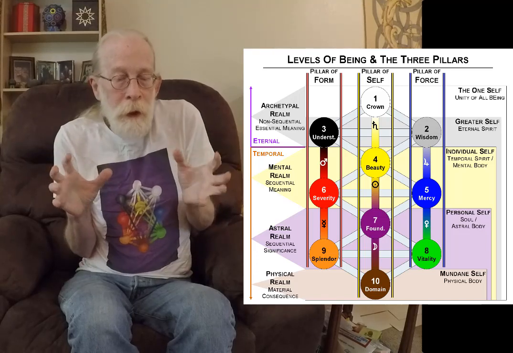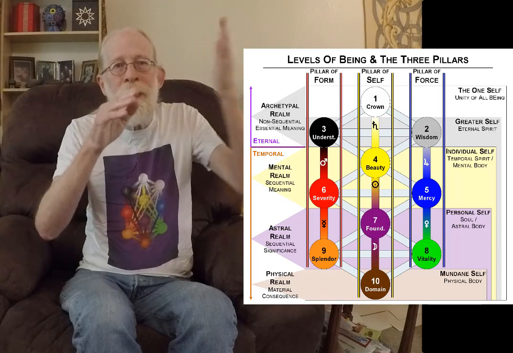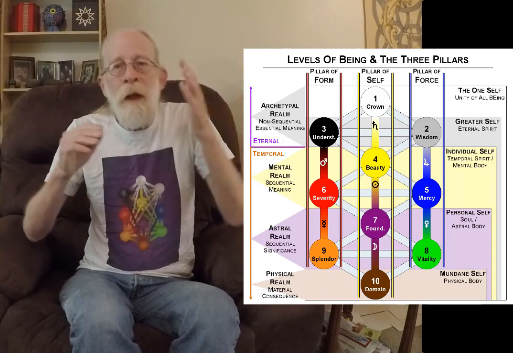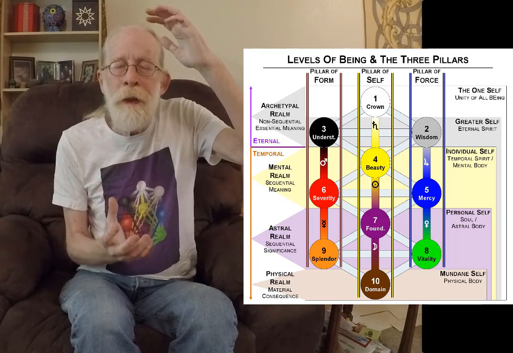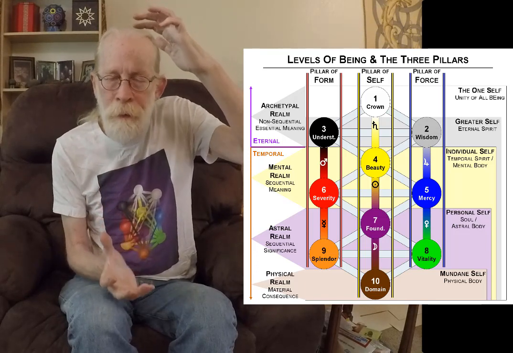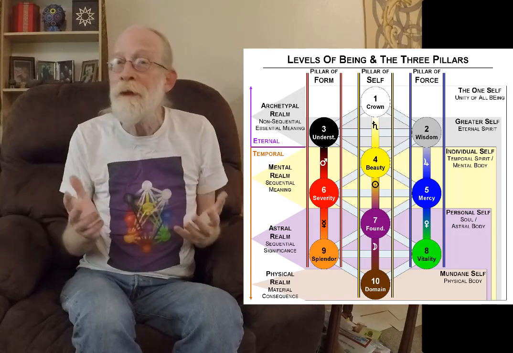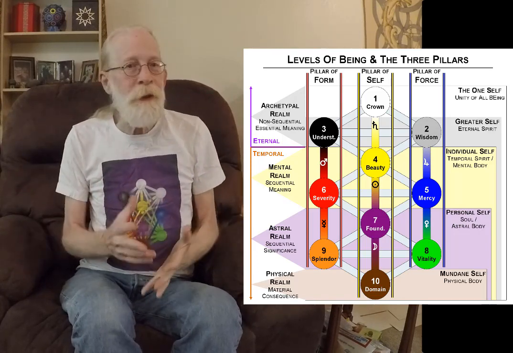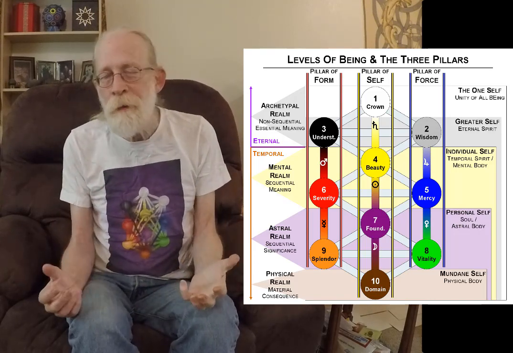Okay, and what we're talking about here is non-sequential. It's not Kether, then Chokmah, then Bina, then. It's all one thing that occurs simultaneously. Parts of it are sequential, and our experience is sequential because that's where we are in the scheme of things.